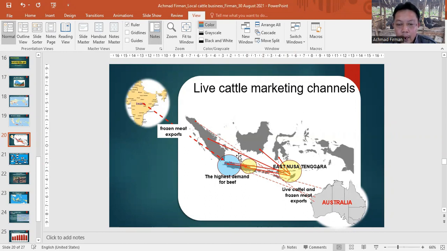This is the barn of cattle for Indonesia, especially for the consumption areas, like Jakarta, East Java, West Java, Kalimantan, Sumatra, and Sulawesi. Jakarta and West Java are the regions with the highest demand for beef in Indonesia.